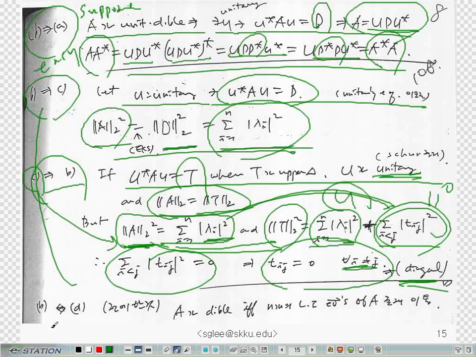Yeah. For the equivalence statement between B and D, this is about this. If A is diagonalizable, then there exist n linearly independent eigenvectors of A. Here A is normal, so it's unitarily diagonalizable if and only if there also exist orthonormal eigenvectors of A. This is what we have already shown.